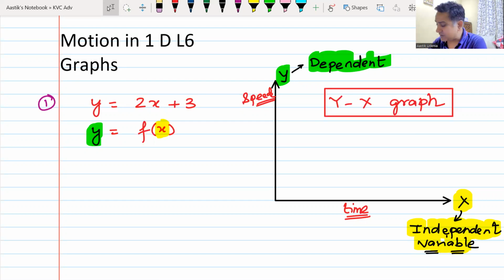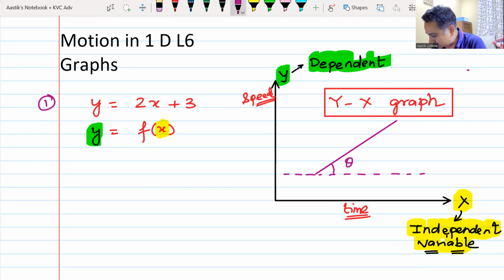If I go back to the previous diagram and draw a straight line graph like this, just to keep things simple, this straight line graph will make some angle with the x-axis, which tells us how inclined this graph is, whether it is flat or erect.